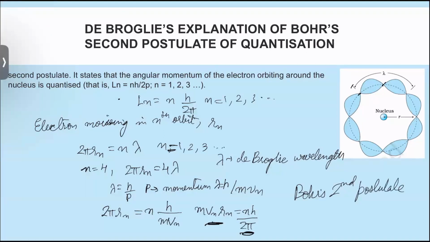Every postulate of Bohr can be explained and has been justified by different scientists, by experiments or by considering other theories. So we can infer that the angular momentum of the orbit where the electron is orbiting has to be an integral multiple of the Planck's constant divided by 2 pi.